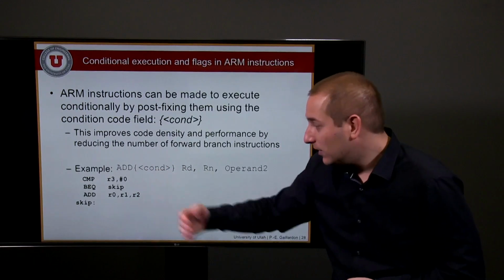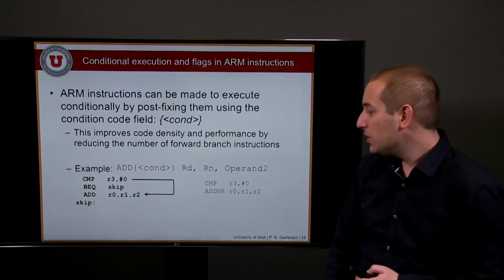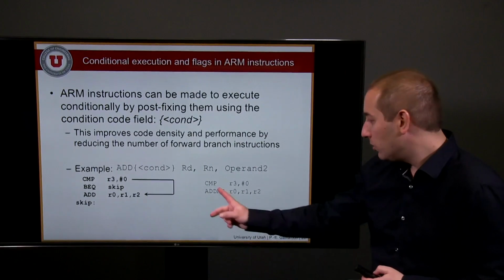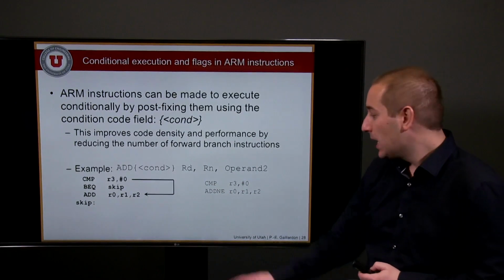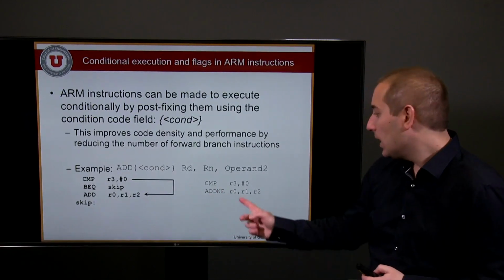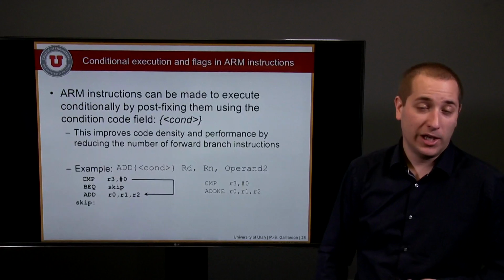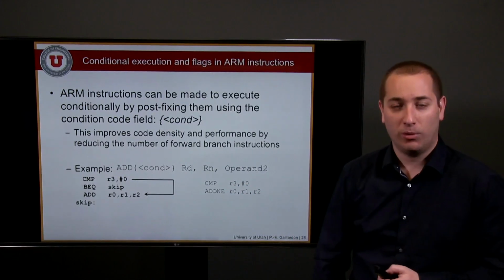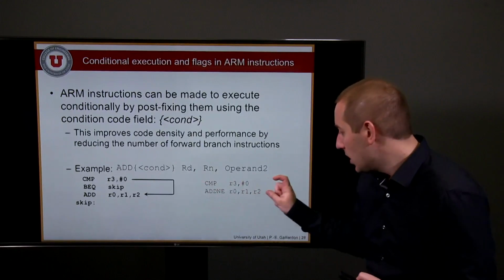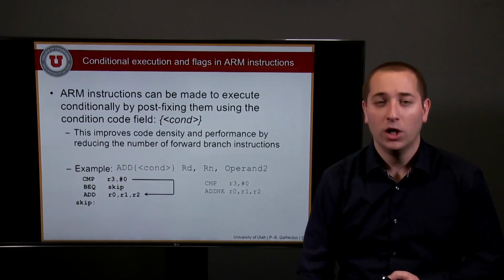Instead of these 3 instructions, everything can be replaced by only 2 instructions, where you first make the comparison and then you add if it's not equal to 0, and you end up making your conditional operation. So basically, instead of having these complex branching operations, you can have everything in a more conditional form.